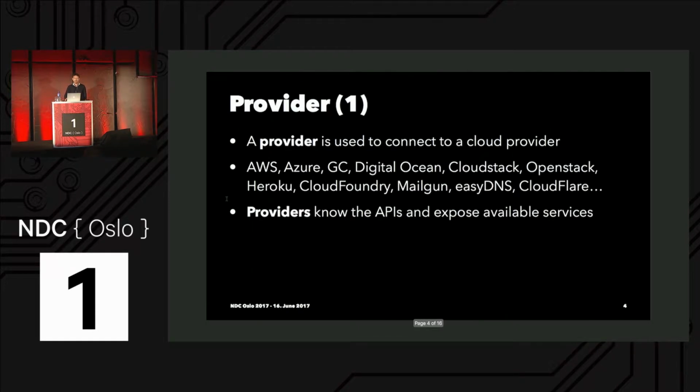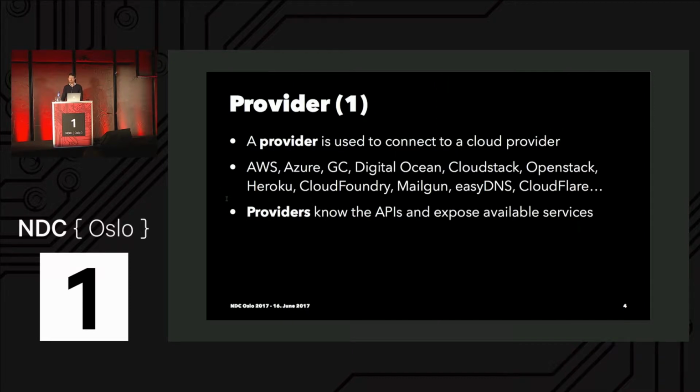Okay. So what is Terraform and how do you use it? The provider concept is probably the most important concept in Terraform, and a provider lets you talk to different clouds. So you can use one provider to talk to AWS and another one to talk to, let's say, Azure. And there's lots of different cloud providers that you can use with Terraform.